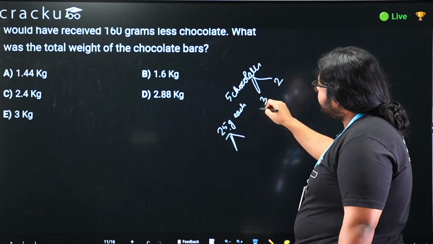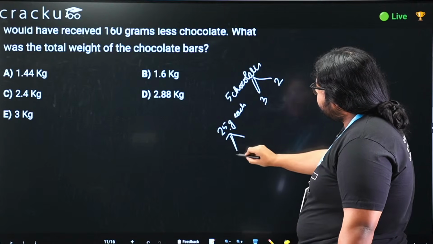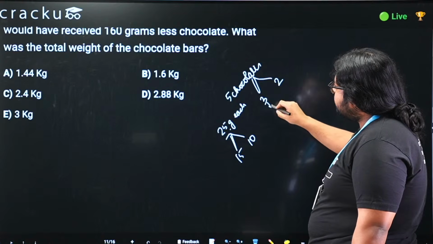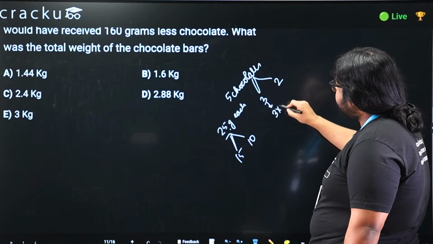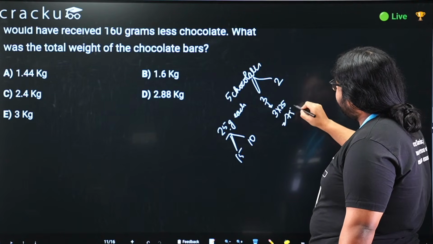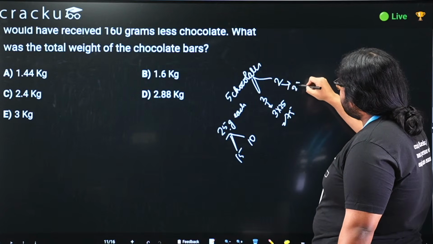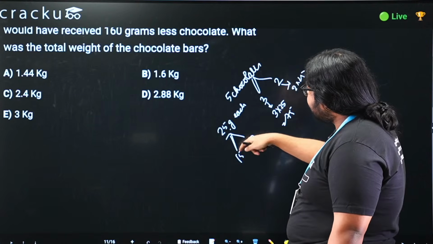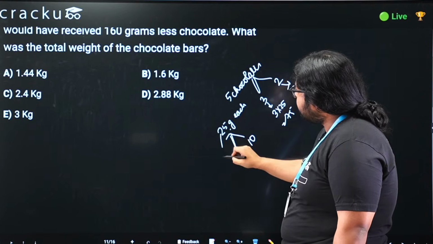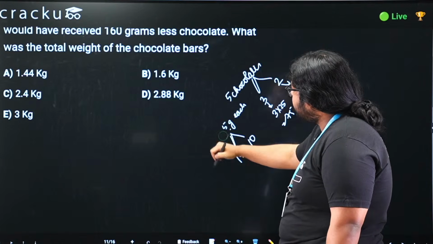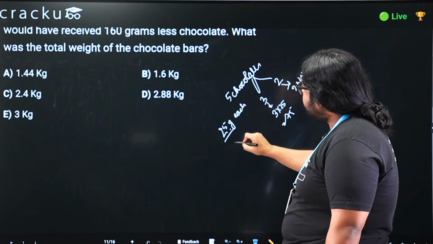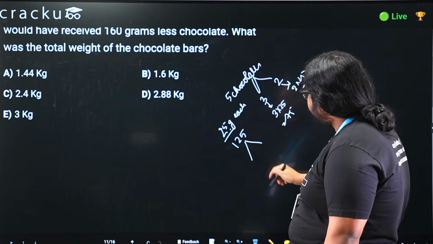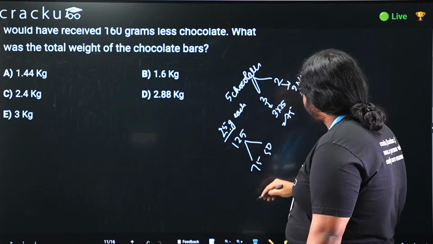If we divide the weight in a 3:2 ratio, this will be 15 and this will be 10. What is the weight of 3 chocolates? Weight of the 3 chocolates will be 3 times 25, which will be 75. And here we'll have 2 times 25, which is 50. So we get the same thing. 5 chocolates will be 125. Now 125, if I divide in a 3:2 ratio, I still get 75 and 50.